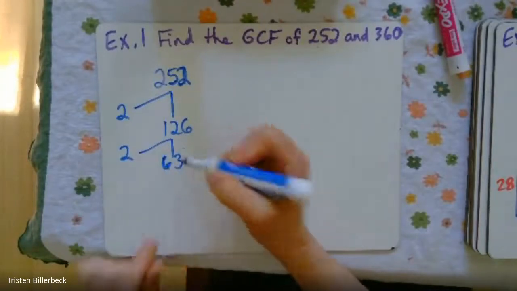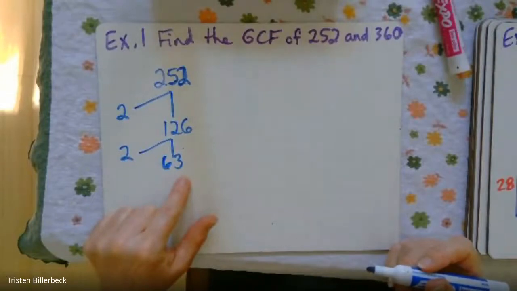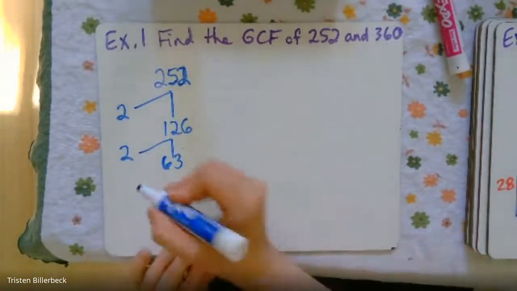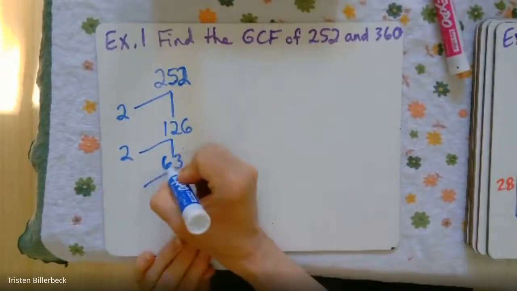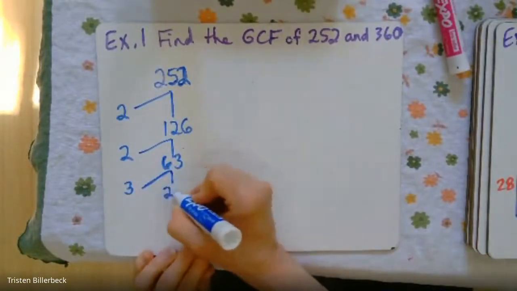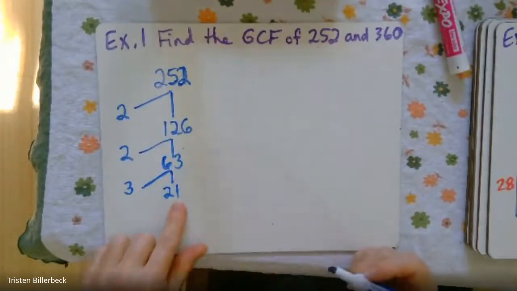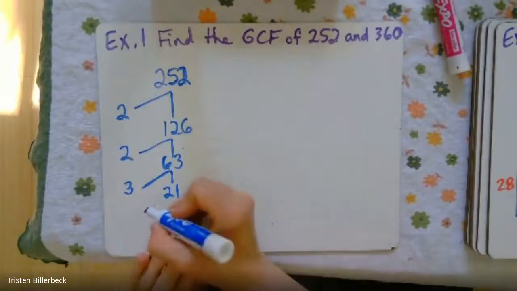Well, 6 plus 3 is 9. 9 is divisible by 3. So this is divisible by 3. That gives us 21. 2 plus 1 is 3. That's also divisible by 3.